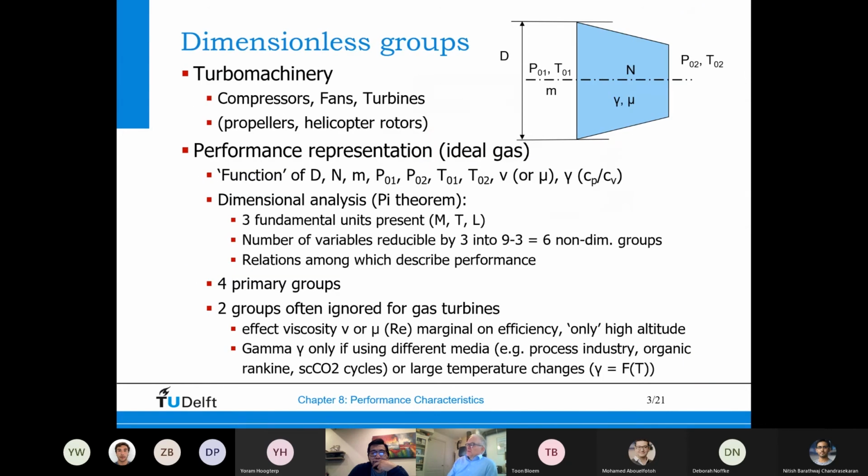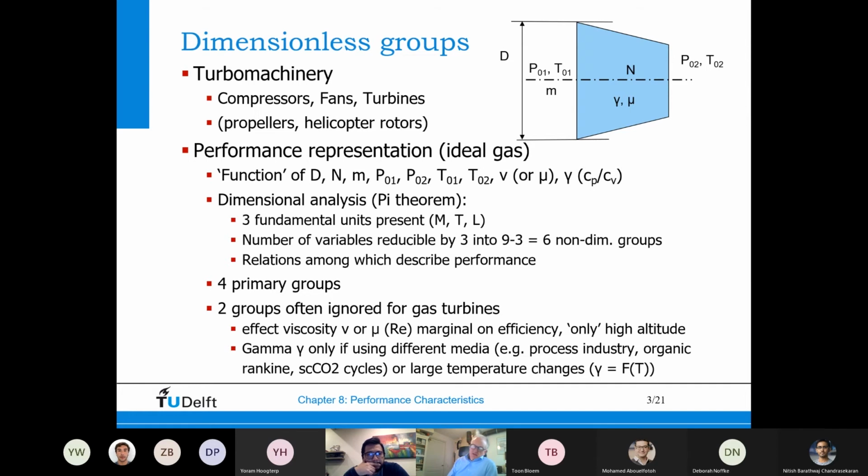So, to describe characteristics of components, we like to use dimensionless groups, because then we can describe the characteristics of, say, a compressor, independent of the inlet conditions. For an ideal gas, the performance of a turbo machine is a function of a dimension, so D, say diameter, rotor speed, mass flow, in and output pressure and temperature, viscosity, and ratio of specific heats.